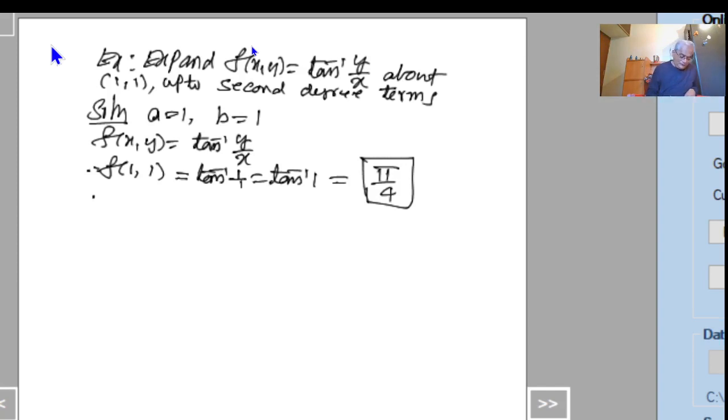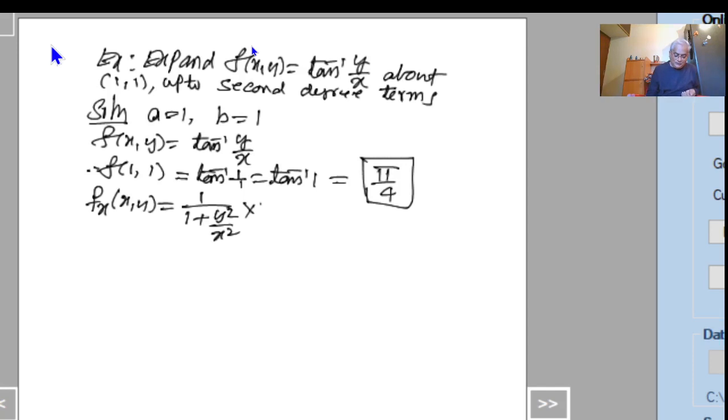Then we go for the first derivatives, fx of x comma y. Tan inverse x derivative is 1 by 1 plus x square. This is 1 by 1 plus x square. X square means y by x whole square. Y square by x square into y by x derivative. I am differentiating with respect to x. Y is a constant quantity.